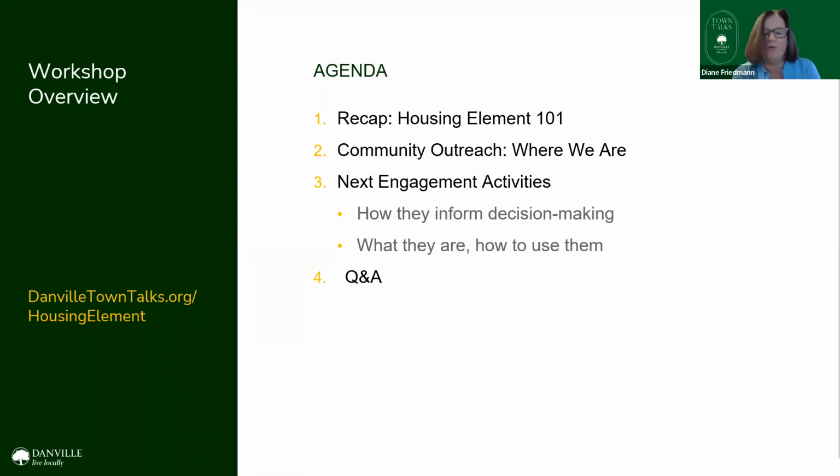We're going to talk about what our next engagement activities are for the community and how they inform the decision-making process and what they are and how to use them. We're going to do a little demonstration tonight on how you can help with picking some of these suggested sites. And then after that, we're going to have a Q&A session. We will be here as long as you have questions.